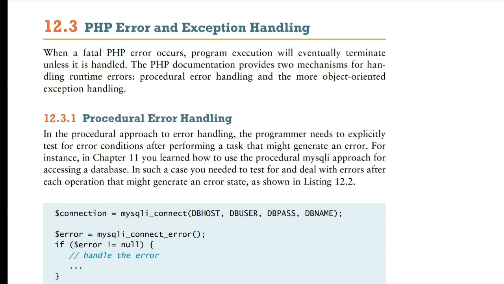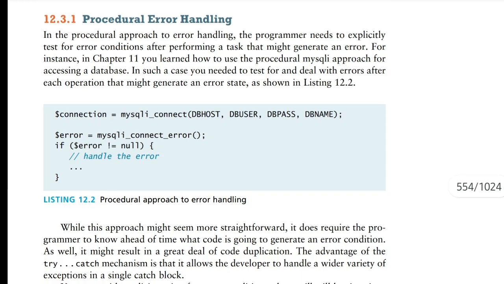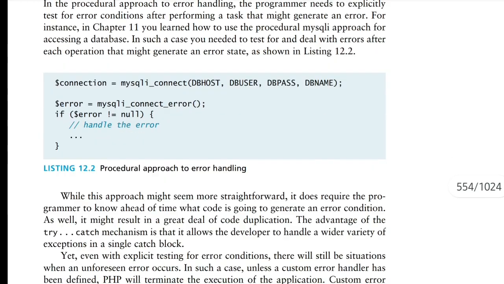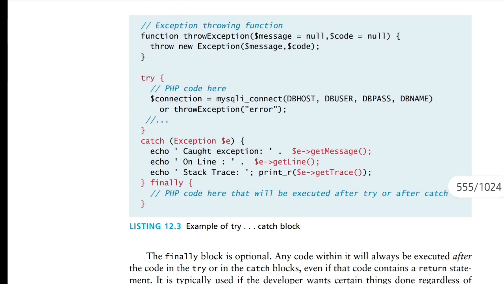And PHP error and exception handling. So let's see what exception handling is. There are two kinds of error handling: procedural programming and object oriented programming. In procedural programming, you'll be using if else conditions for handling the errors: if an error happens, what you need to do. In object oriented exception handling, you'll be using a try catch block, because in the try catch block you have the exception object.